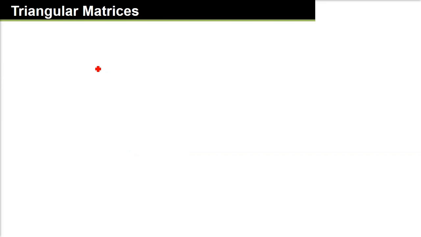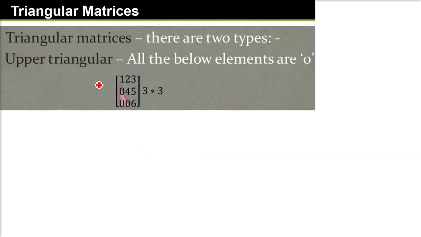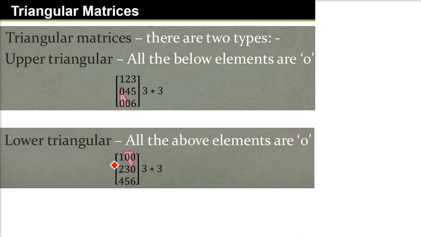Triangular matrices. So a triangular matrix is that above the diagonal or below the diagonal the values are 0. There are two kinds of triangular matrices: upper triangular and lower triangular. Let me start with the upper triangular.